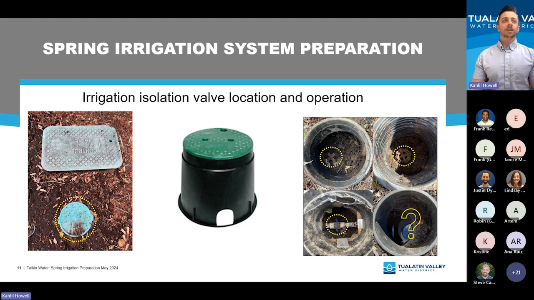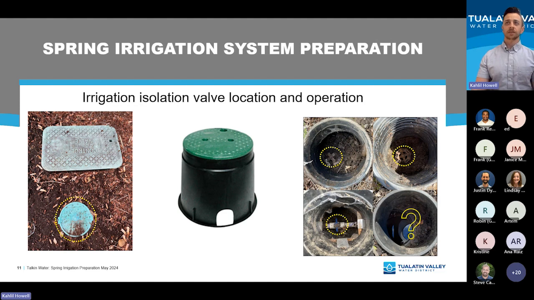The isolation valve can also be in the same box as your backflow assembly, so this rectangular box. And if you do not have an irrigation isolation valve, then you may be utilizing the shutoff on the backflow assembly itself to isolate that irrigation system. On the right-hand side here is just an example of what you may find in that valve can.